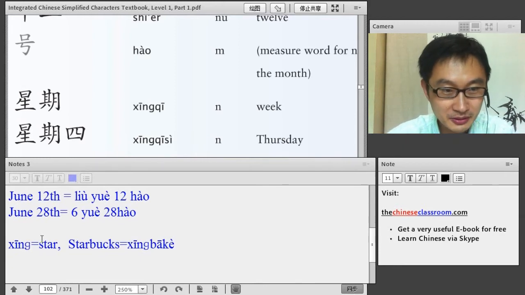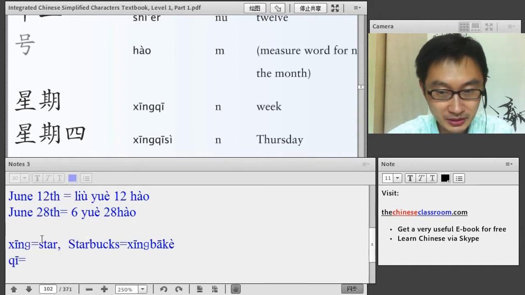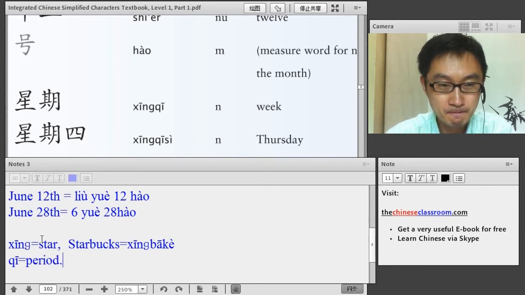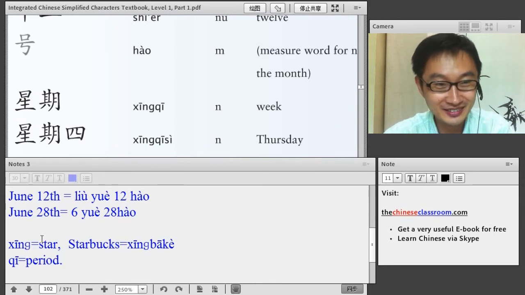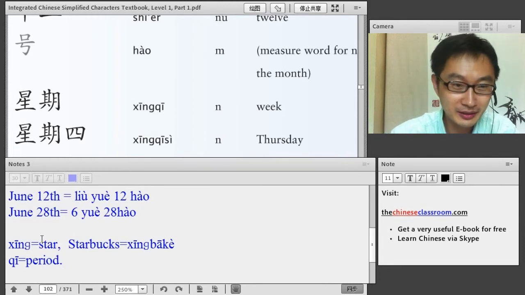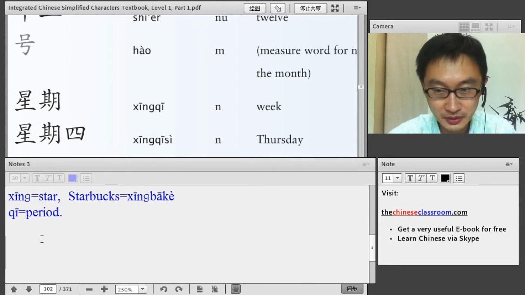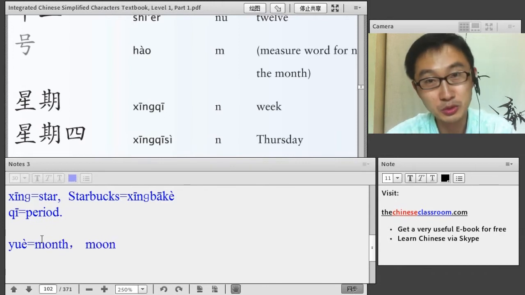Okay, so here 星 is star. How about 期? 期 means period, a period of time. But 星期 means week. So why does the star have something to do with the week? Okay, good question. For months you say 月 in Chinese. 月 means month, also moon.